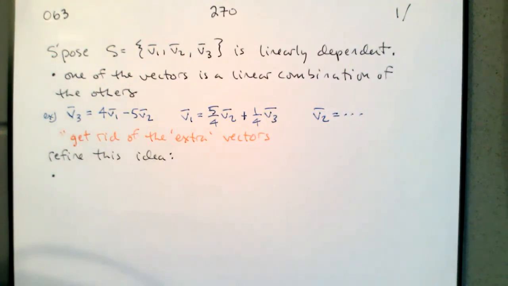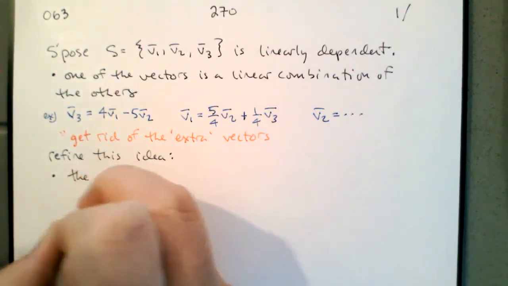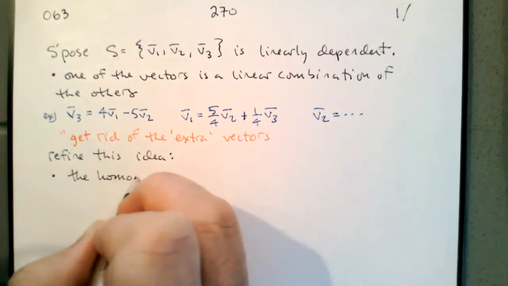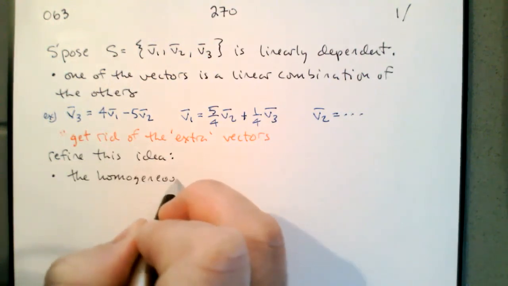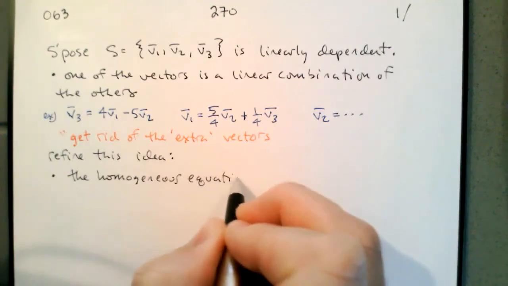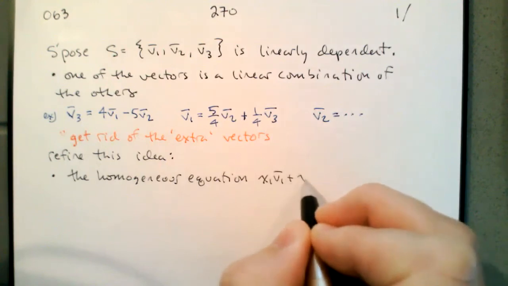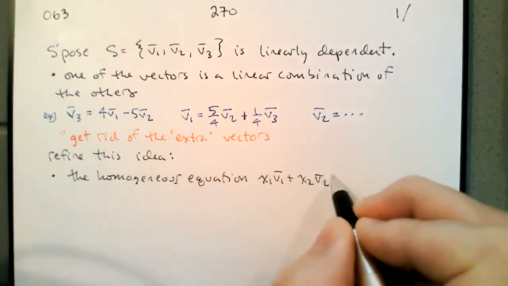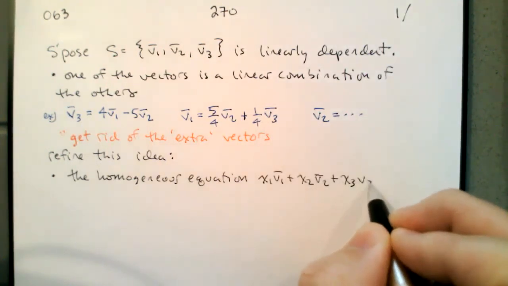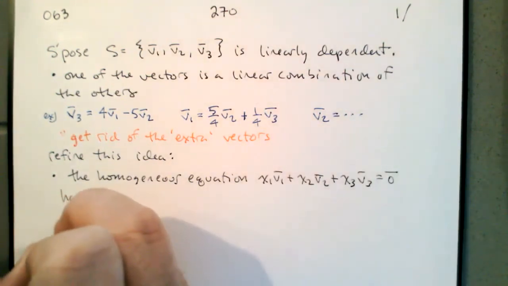If this set of vectors is linearly dependent, then the homogeneous equation x1 v1 plus x2 v2 plus x3 v3 equals 0 has a non-trivial solution.